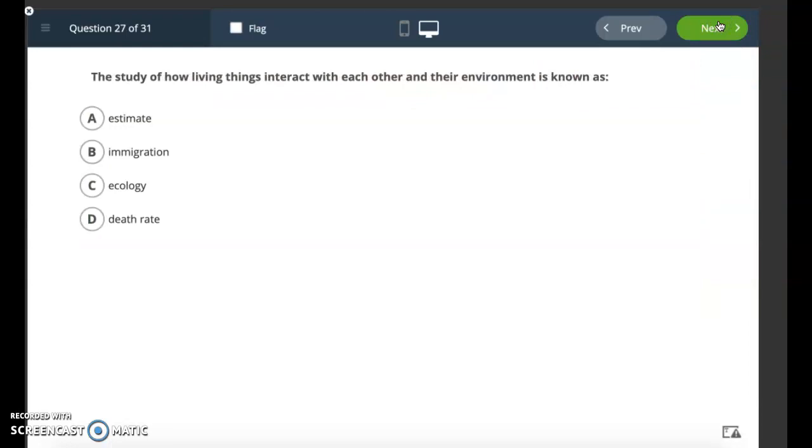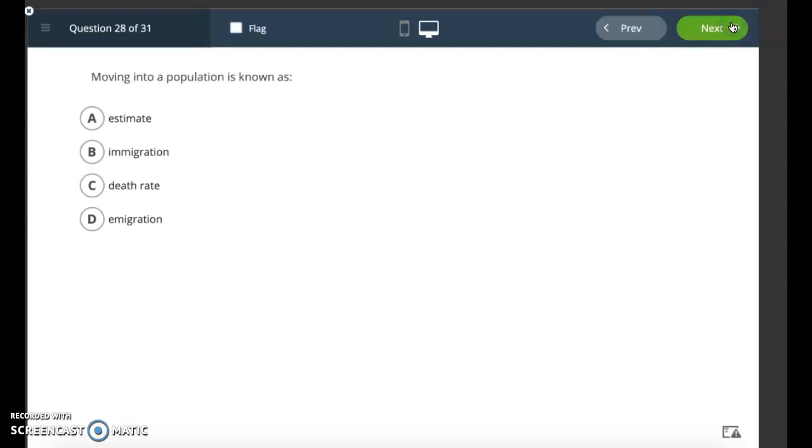The study of how living things interact with each other and their environment is known as A, estimate, B, immigration, C, ecology, D, death rate. 28. Moving into a population is known as A, estimate, B, immigration, C, death rate, D, emigration, moving in.